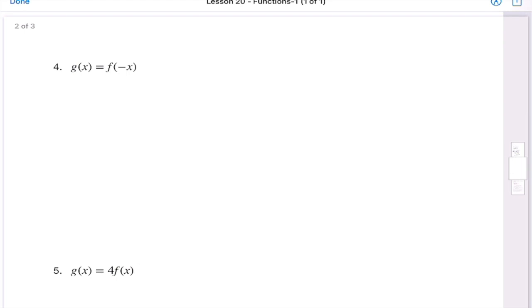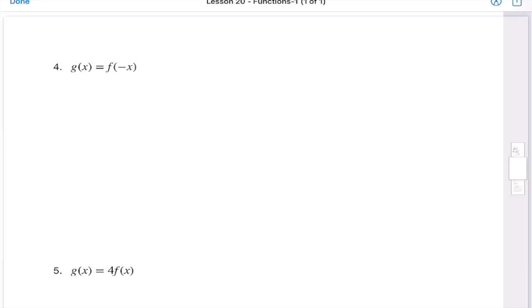Now, number 4, you will notice the minus is now connected to the x. It is directly connected to the x, which means the values that are changing here are now the values of x.